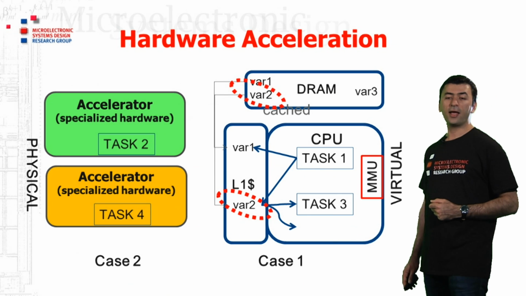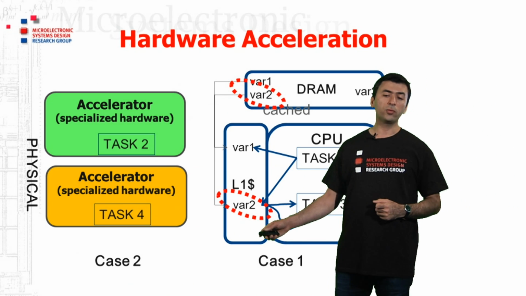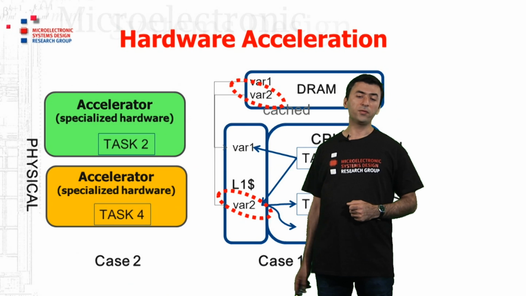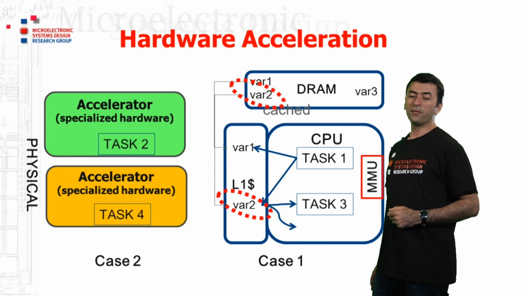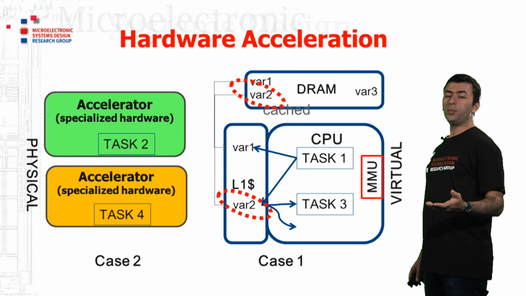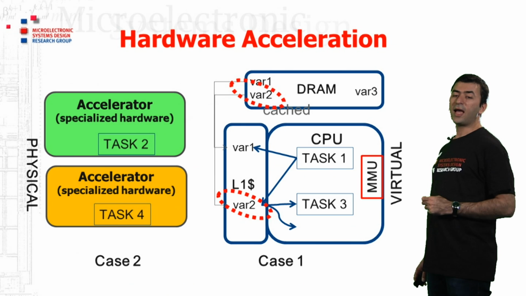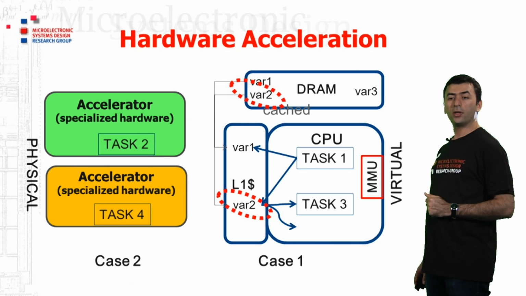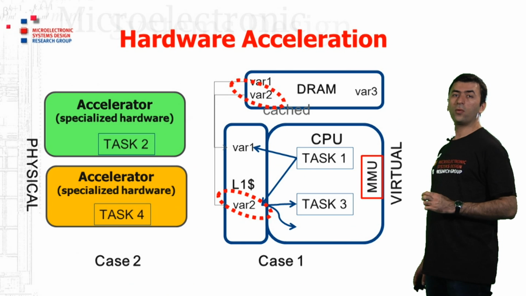On the other hand, the accelerators are using physical addresses. So whenever the CPU wants to offload a task to the accelerator, it should also perform the conversion from virtual to physical addresses.